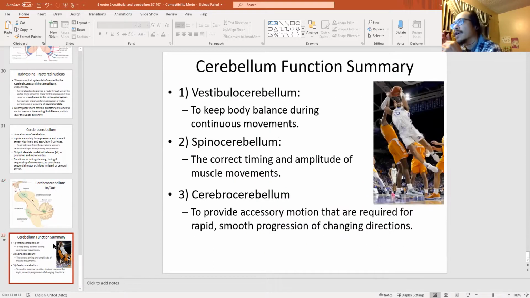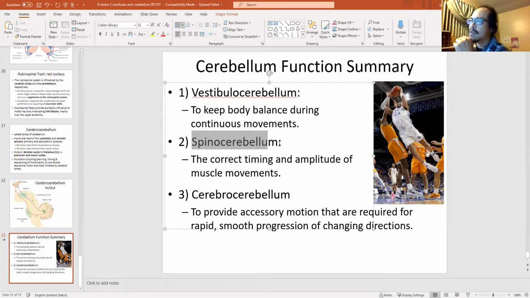So I want to summarize all these cerebellum functions right here, three divisions, including the vestibular cerebellum. This is to keep body balance while the body is during the movement. We also have the spinal cerebellum.